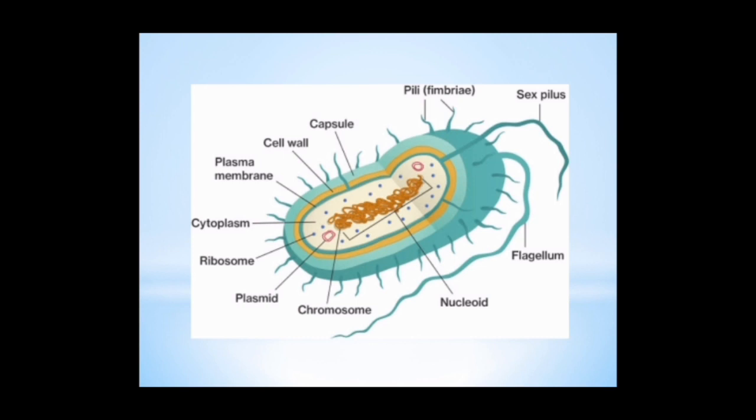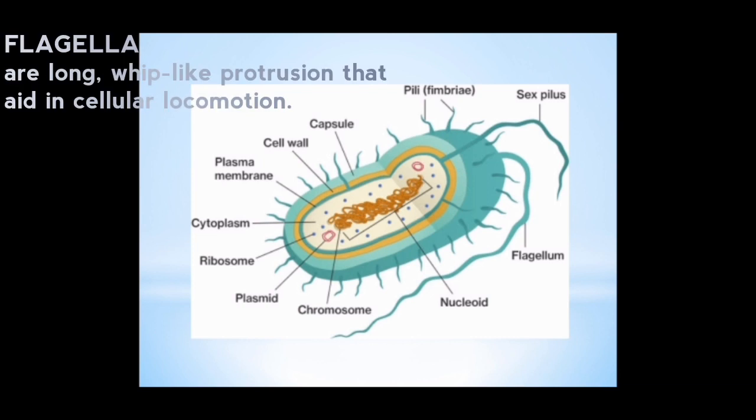So, the next one is flagella. The flagella are long, whip-like protrusions that aid in cellular locomotion. They can be found at either or both ends of the bacterium or all over its surface. You can see in the picture, so you can picture out what flagella are.